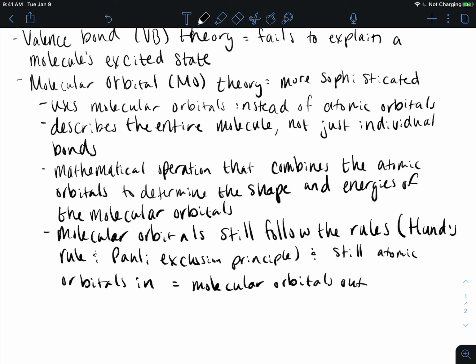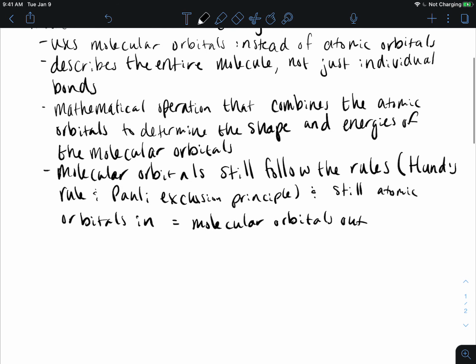Okay, so it's kind of like our hybridization in that way. And it's also there to explain what we see experimentally.